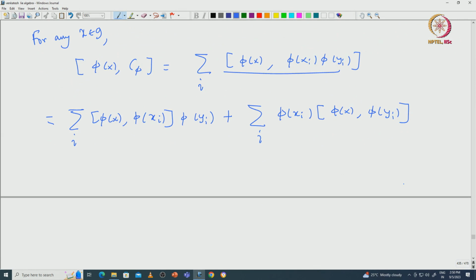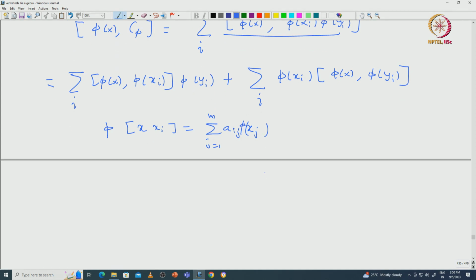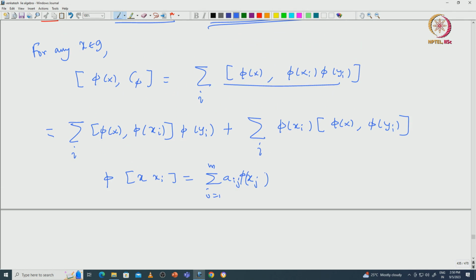Now you can see that the bracket x comma x I is given to be summation a I j x j, where j ranges from 1 to m. If we apply pi on both sides, the bracket pi of x comma pi of x I is given by summation a I j pi of x j. Now we will substitute this into the double star.